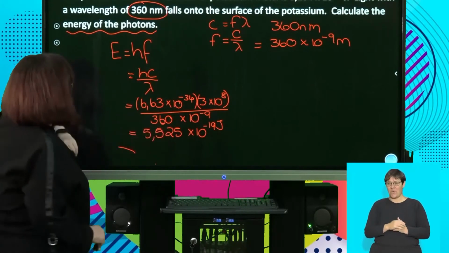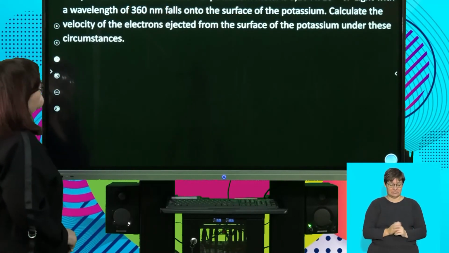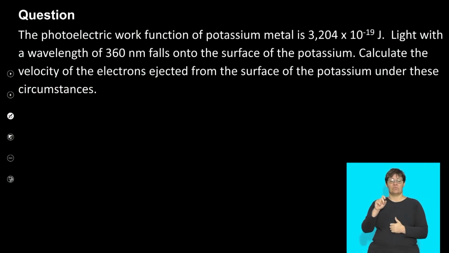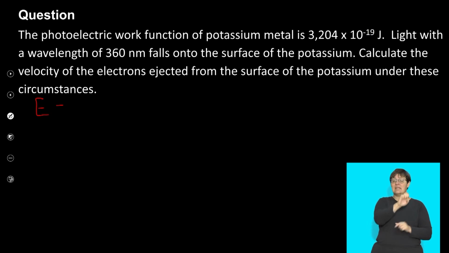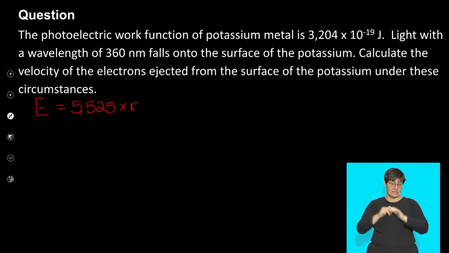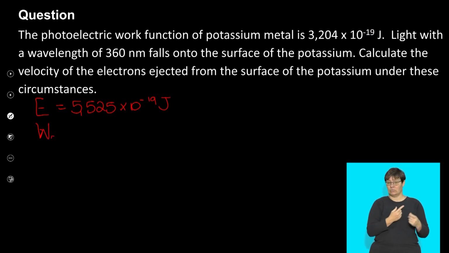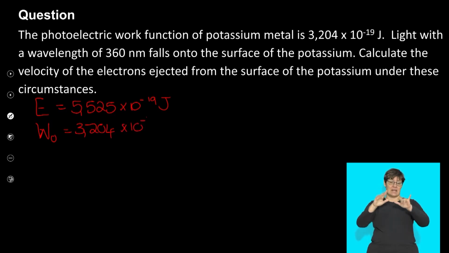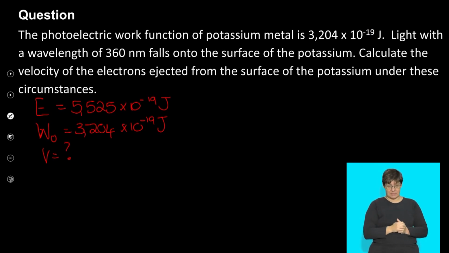So now we know what the energy of the photons is. And now they say calculate the velocity of the electrons ejected from the surface of the potassium under these circumstances. You calculated the last question to help here. So we got that E was 5,525 times 10 to the minus 19 joules. We know that the work function is 3,204 times 10 to the minus 19 joules, and they want the velocity.